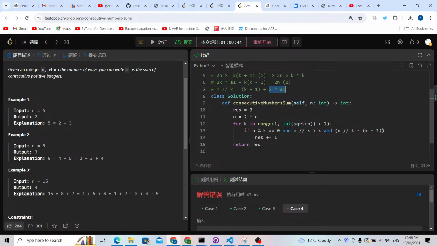So n divided by k minus k minus 1 should be equal to 2a1. I think this one minus this one modular 2.